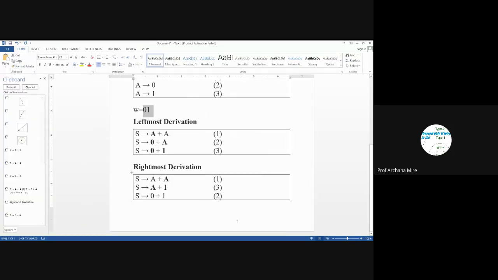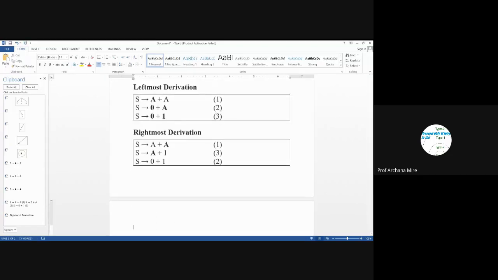Okay, so one more symbol we will be requiring here. Yeah, it is copied now. So now let's find the derivation tree here. Let's see how our derivation tree will appear.